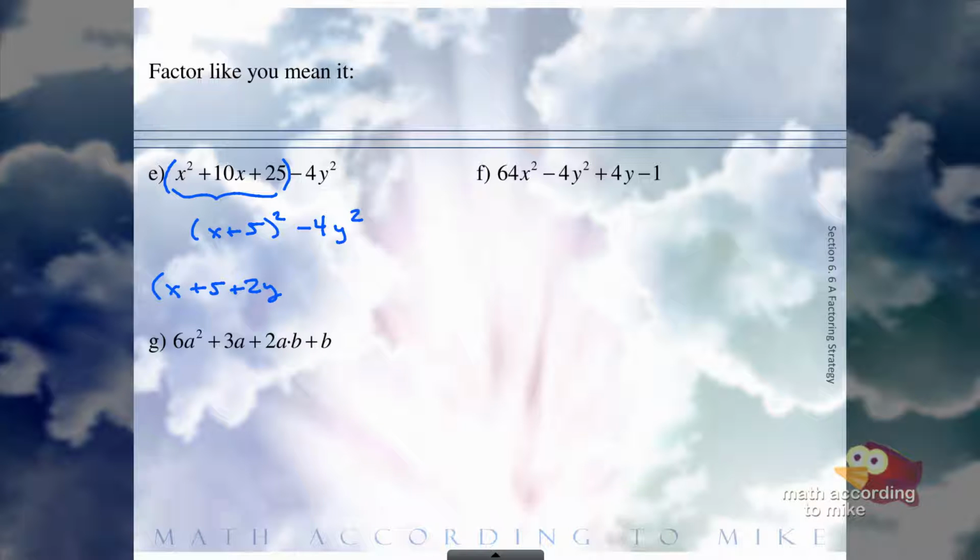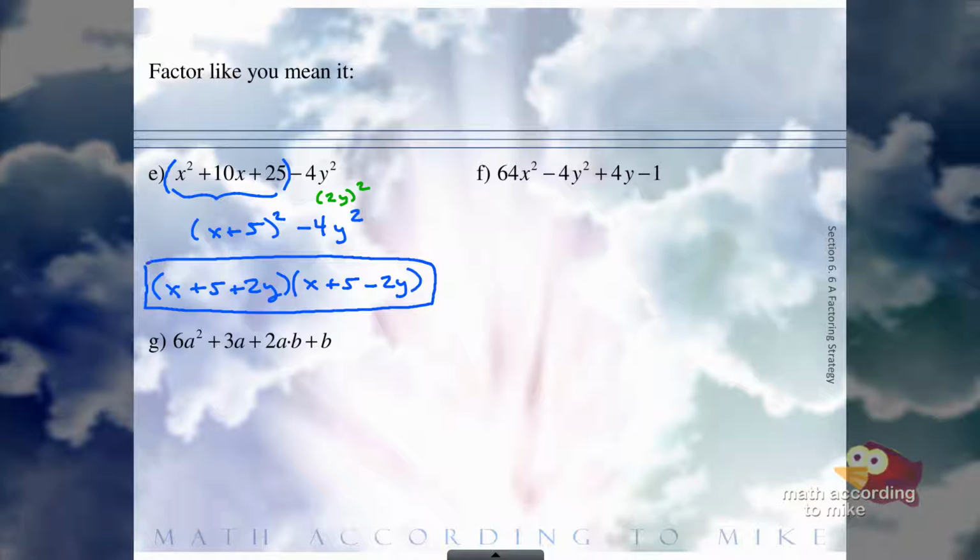The reason it's a 2y is because (2y) squared makes 4y squared. So this factors as (x plus 5 plus 2y)(x plus 5 minus 2y).